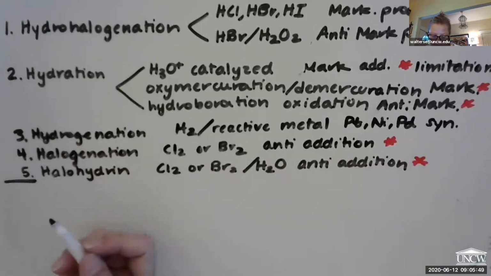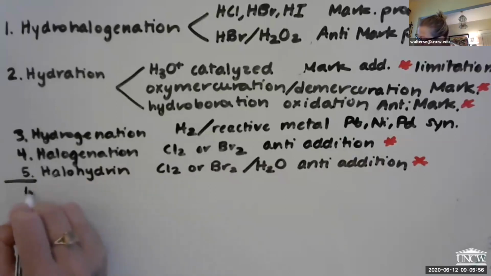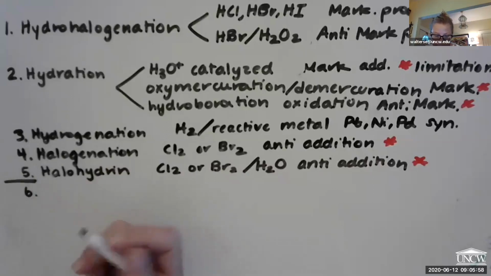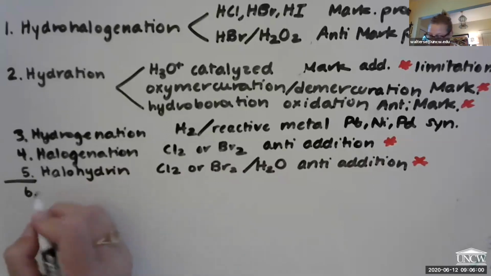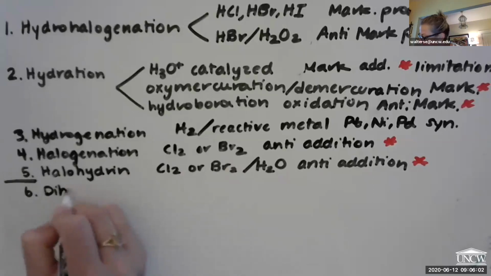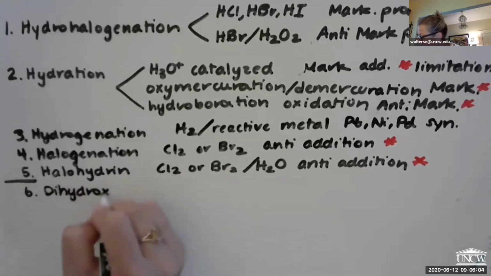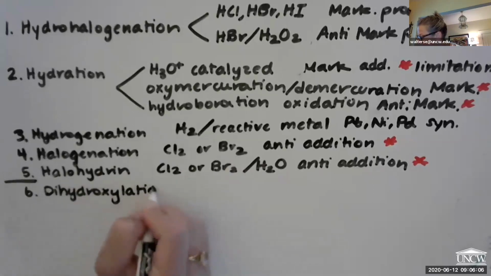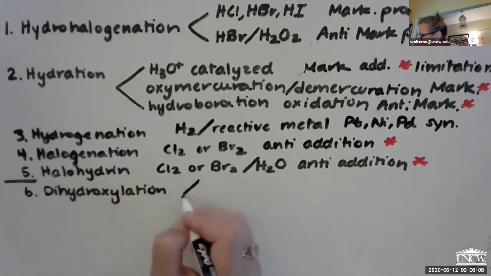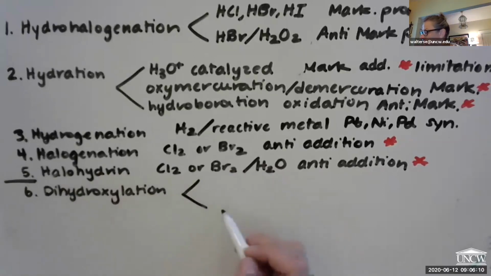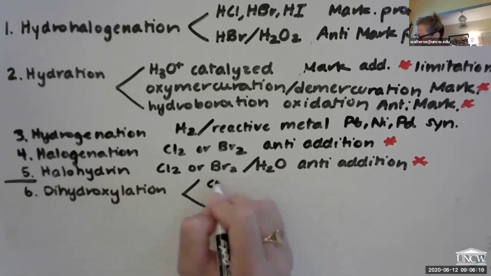And we have really just 2 left to do. One is on the table in 9.1, and that's called the dihydroxylation. And then we'll come back, or you can go back and fill this in. There's 2 types of dihydroxylation. It just depends on whether you want to make a cis diol or a trans diol.